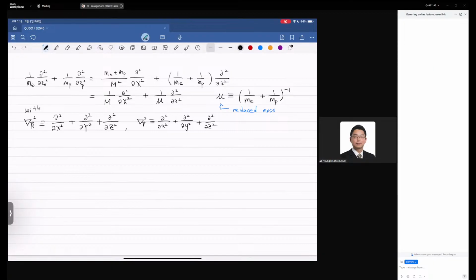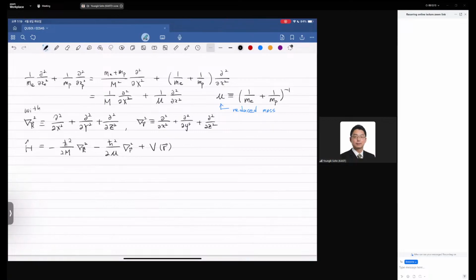Okay, so given this, we can actually recast the Hamiltonian into the center of mass kinetic term, then the kinetic term for the relative position, and then the potential.